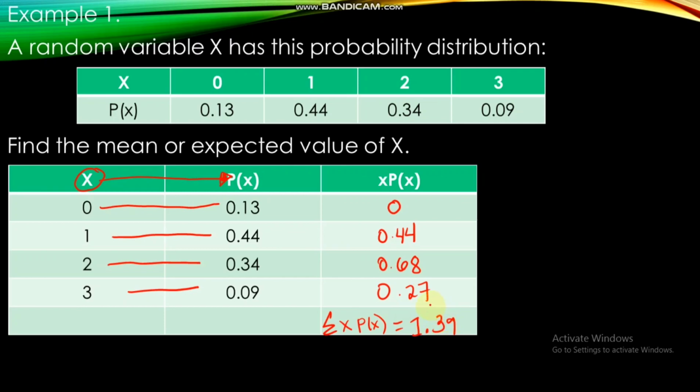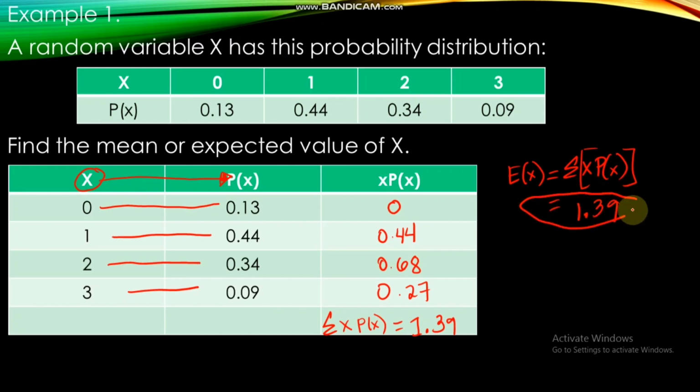So what is the formula in order to find the value of the mean or the expected value of x? The formula is E of x equals summation of x times p of x. What is the total sum? The total sum is 1.39.